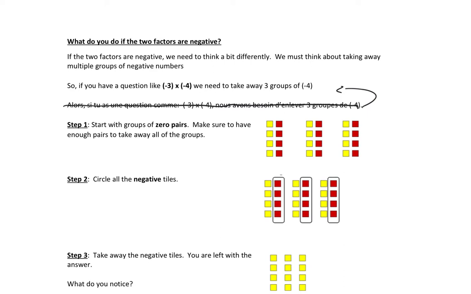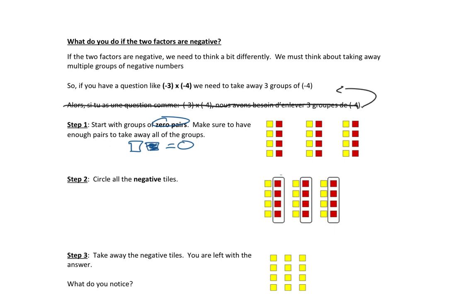So what that means is that we have to start with groups of 0 pairs, okay? And as we discussed, a 0 pair is when you have a positive and a negative, and you put them together, they equal 0, okay? So we have to make sure we have enough pairs to take away all the groups. So what I've done here is I've created 3 groups of 4 0 pairs, okay?